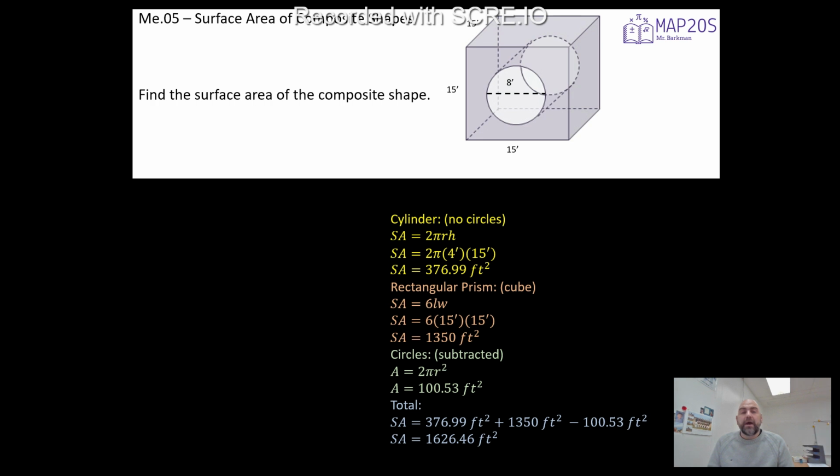And if you do, you have to subtract them from both the cylinder and the rectangular prism. So we would have to subtract 4 circles instead of just 2. There are some tricks and things to make it a little bit easier that you can do. If you recognize that, awesome. If you want to just do it the same pattern that I do it, that's good as well. You have to find something that works for you to come up with the final answer.